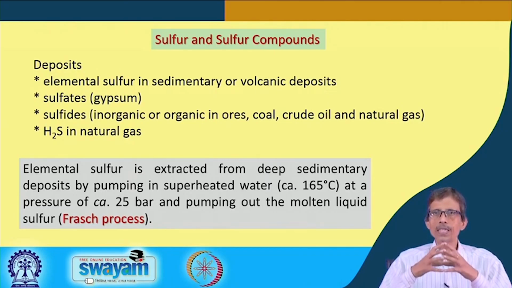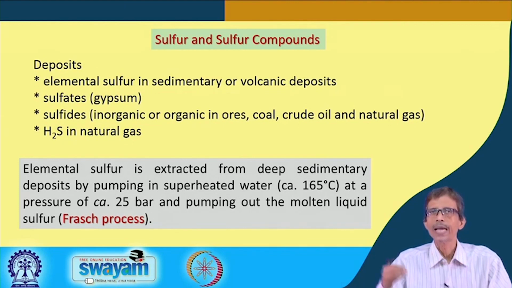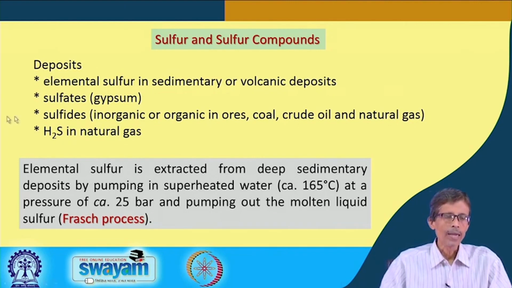So H2S present in those CNGs can be trapped, removed and isolated. And lastly, the free H2S in natural gas. If we can separate out that H2S part, you can have a good supply of sulfur as sulfides.